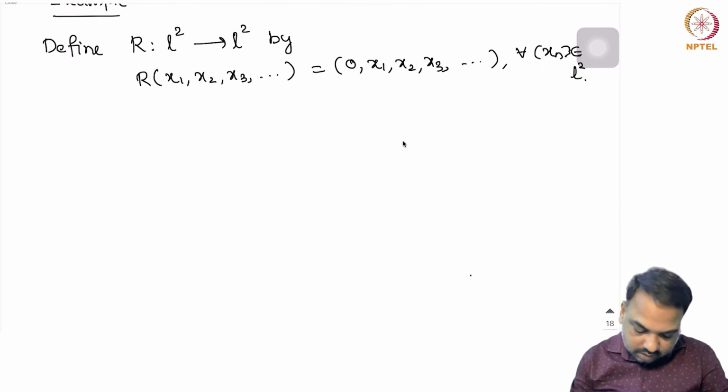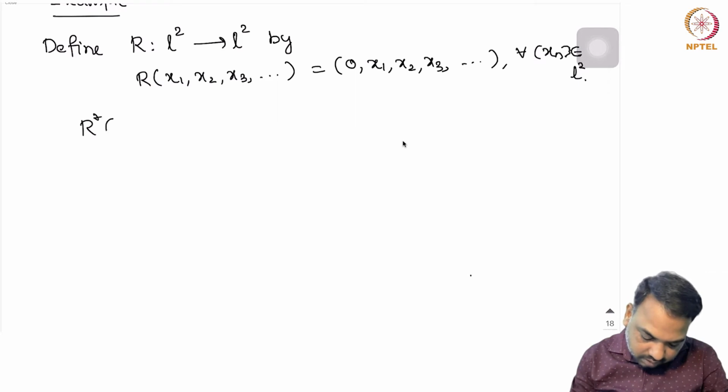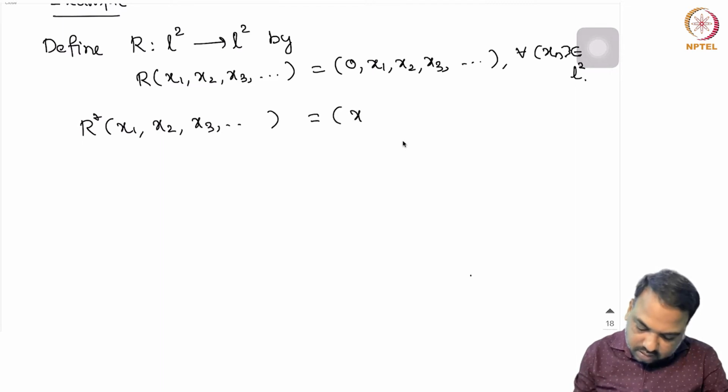Now we know that R star of (x1, x2, x3, and so on) is (x2, x3, x4, and so on).